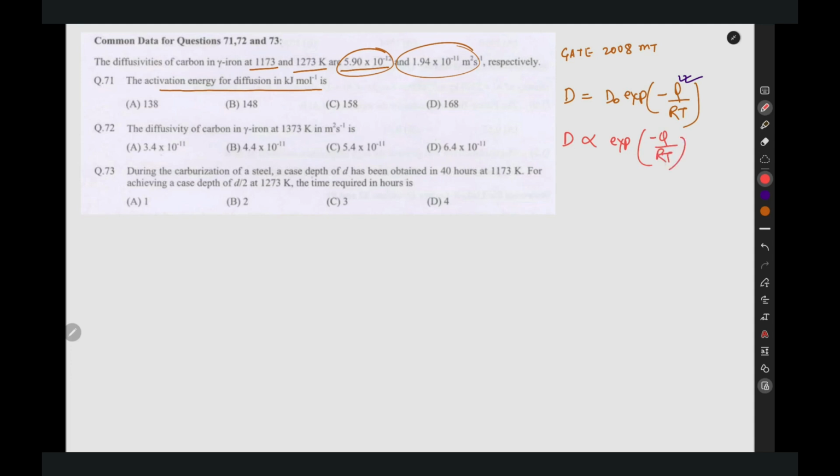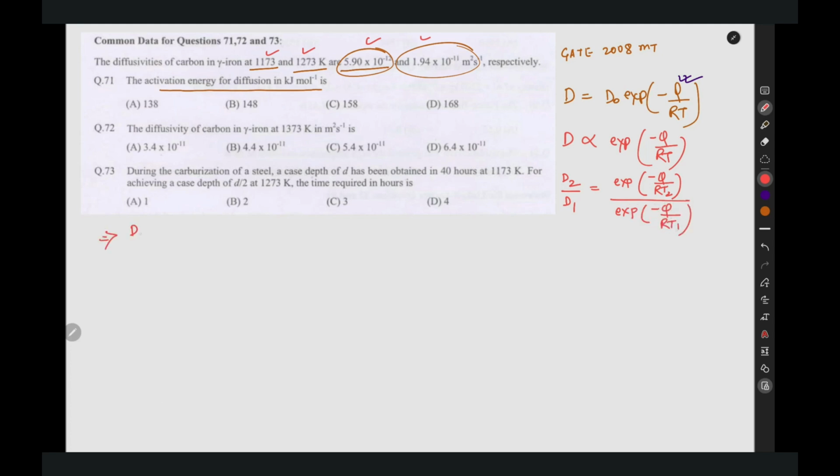So there are two cases given at two different temperatures and their diffusivities are given. Now we can write D2 by D1 equal to exponential minus Q by RT2 by exponential minus Q by RT1.